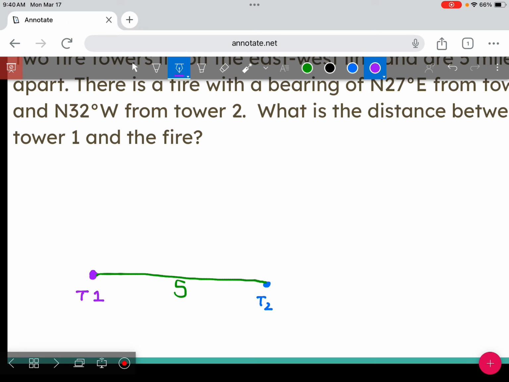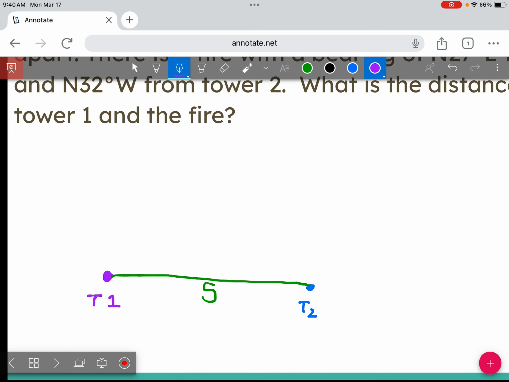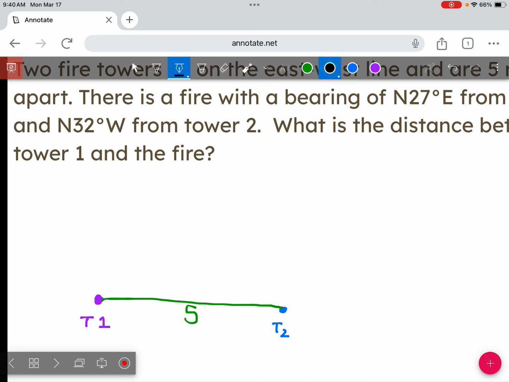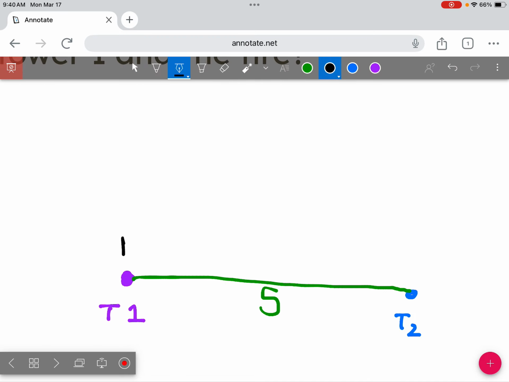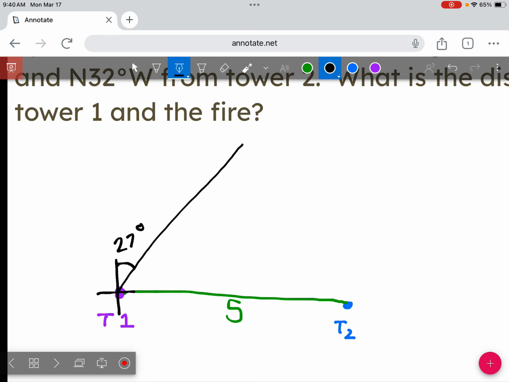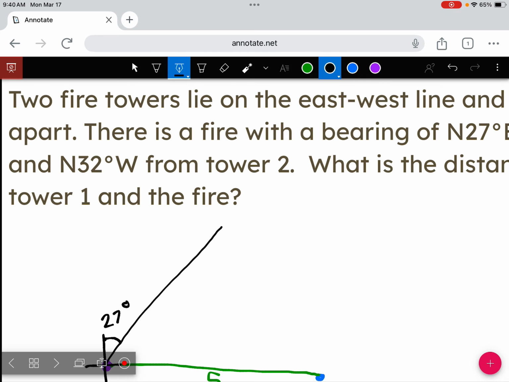The Firewatch people have the degrees of a compass around the edge of the room, like around the windows, so that they can find where things are by angles. They spot a fire at north 27 east. So Tower 1, looking north-south here, spots a fire at north 27 to the east.